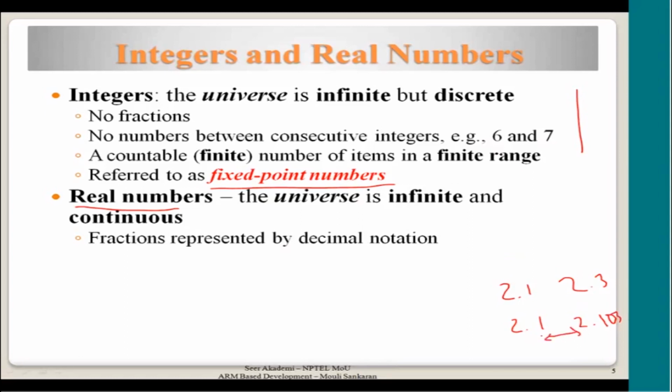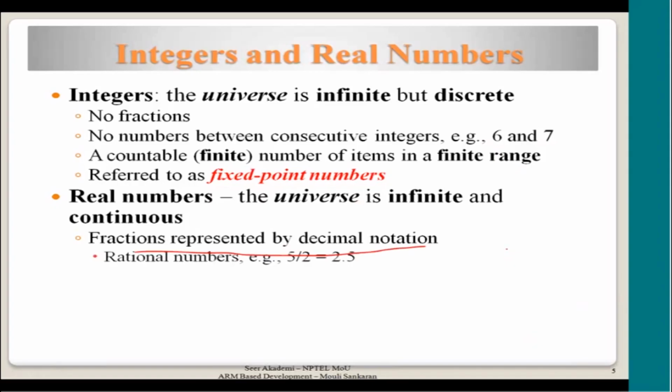So these are all real numbers, this is basic mathematics with which you are all familiar. So these are fractions represented by decimal notation. Now there are two kinds here if you are aware. 5 by 2 is 2.5. Does it go beyond this division? It doesn't go beyond this. This is called a rational number.